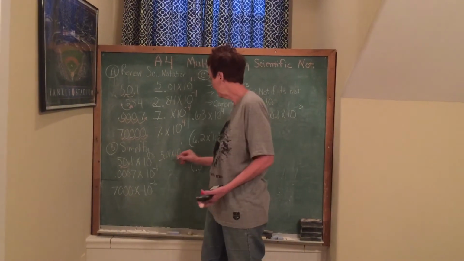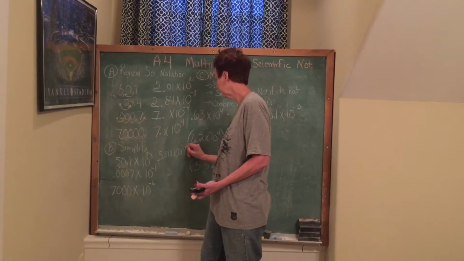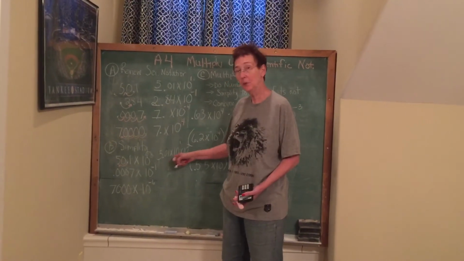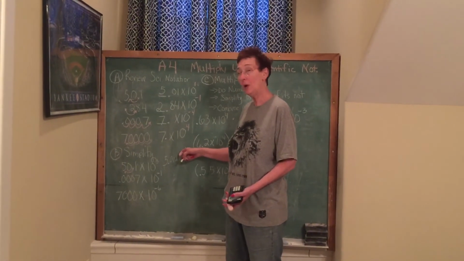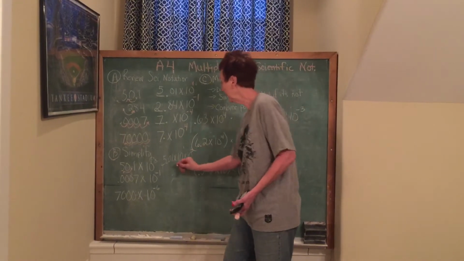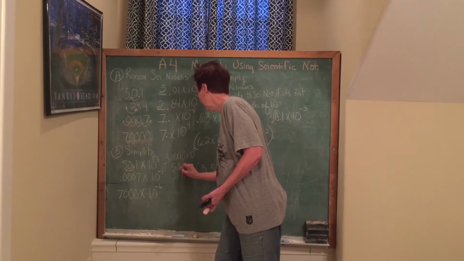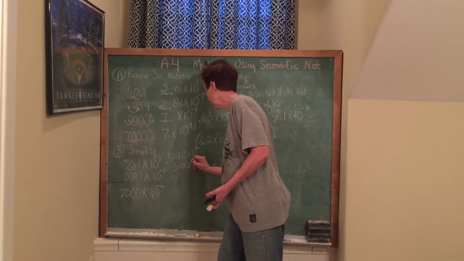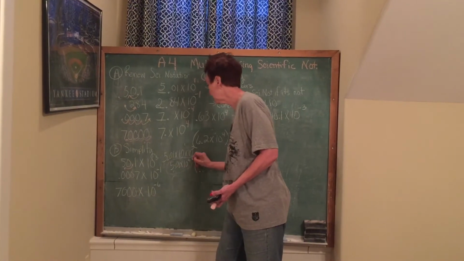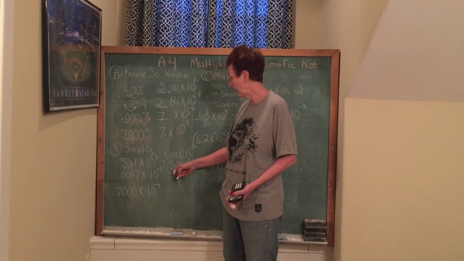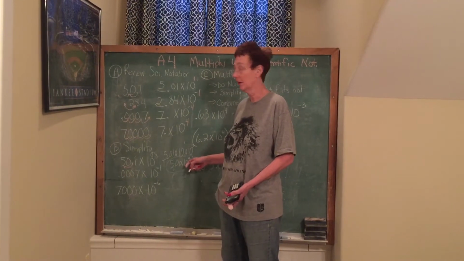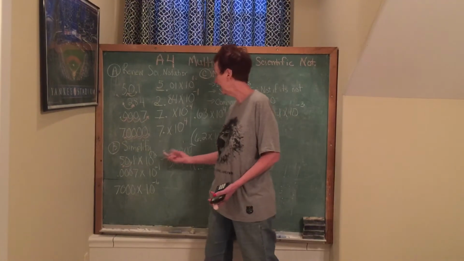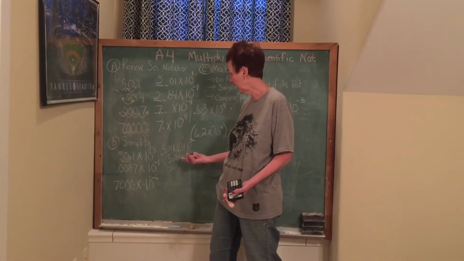But I already have a 10 to the third. So I'm going to put my 10s together. If you had 1 of them and 3 of them, then that would make you now have 4 of them. And so this would be your simplified answer, 5.01 times 10 to the 4th. Fix the number and then combine the powers on the 10s.